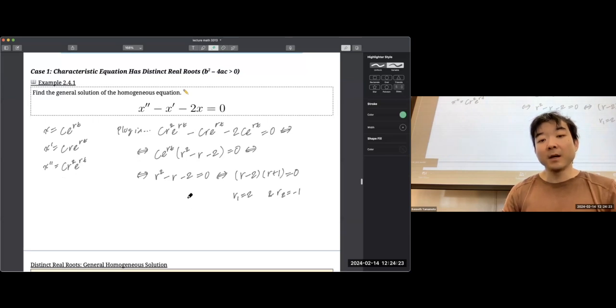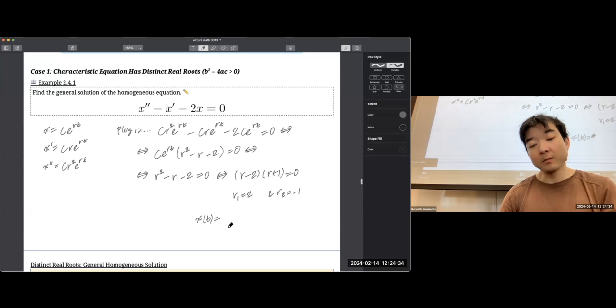And you've got two homogeneous solutions. I'll show this in a moment, but the general homogeneous solution to this differential equation, I'll just say xh, will equal one solution from the first root, which is c e to the 2t. That's like plugging into this r. The other one's going to be c e to the negative t.